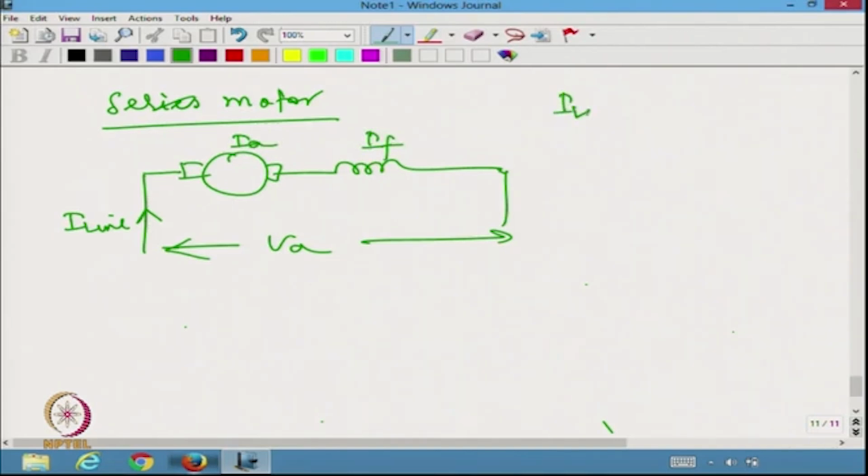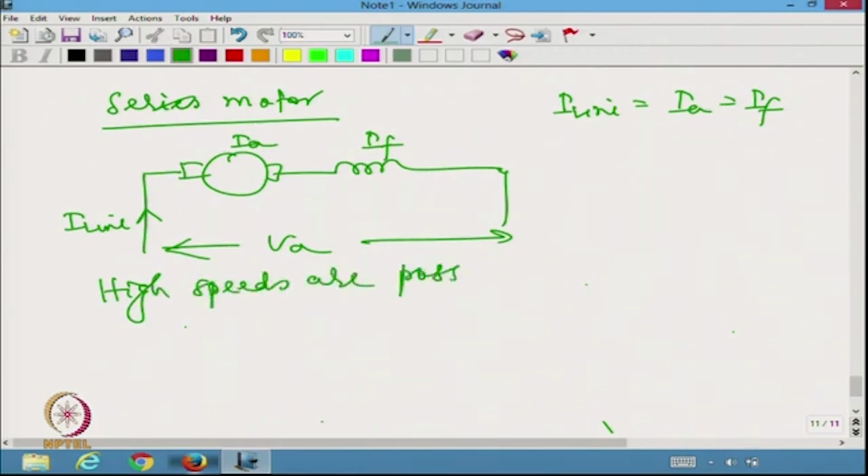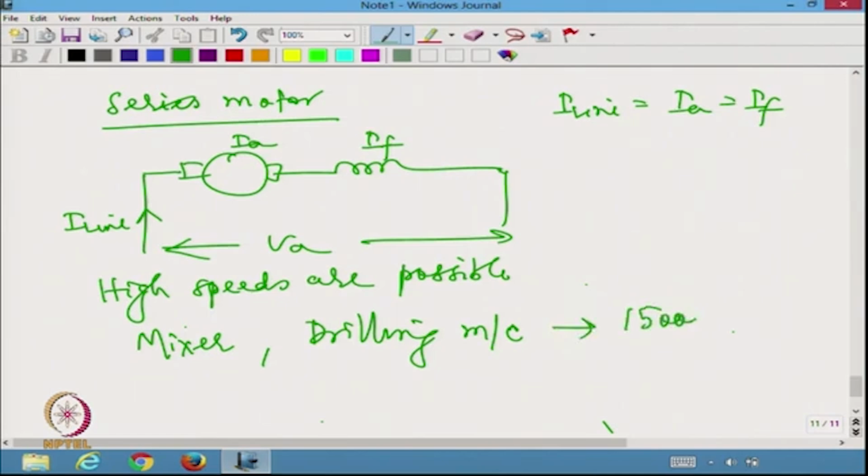So, I will have I line equal to IA equal to IF. Series motor, the major advantage is you will have extremely high speeds possible. So, they are actually used in applications at home, mixer and drilling machines. Both generally use series motor, which work at about 15,000 to 20,000 RPM.